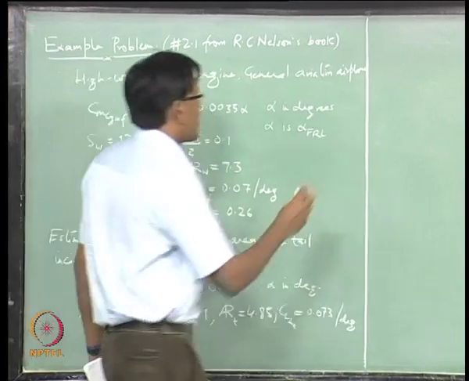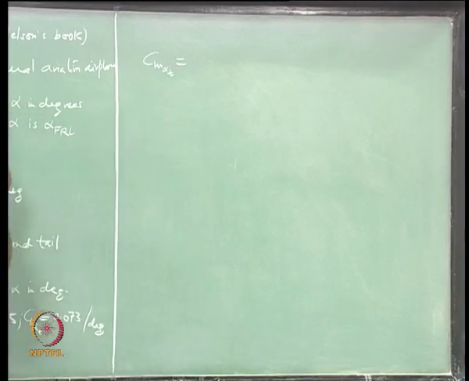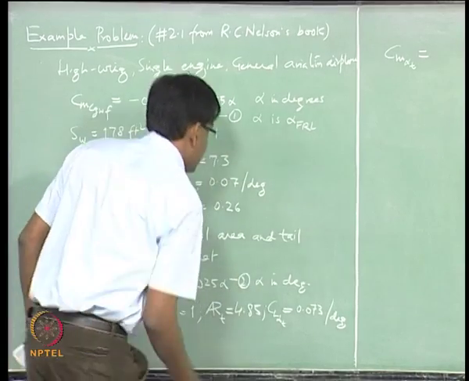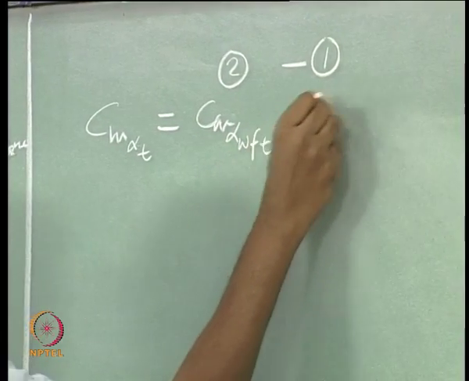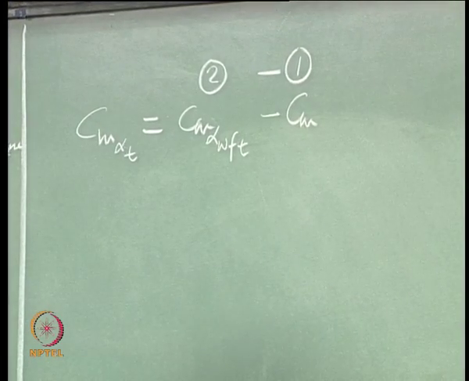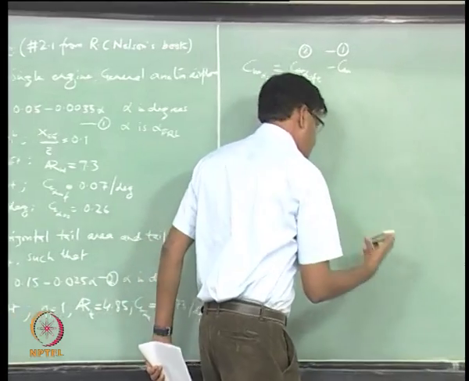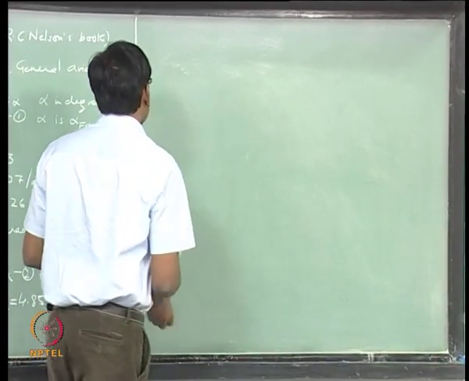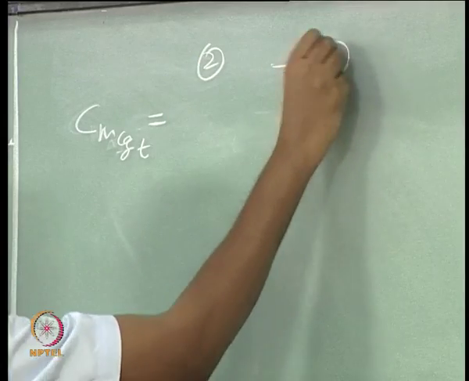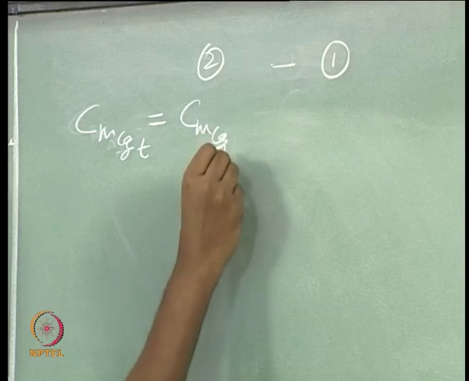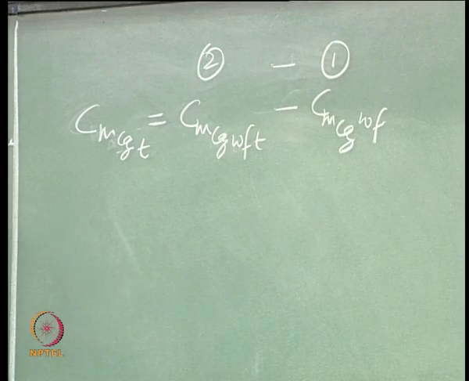Now I can find out what is Cm alpha due to tail by subtracting 1 from 2, right. This is not Cm alpha, but okay. Right.